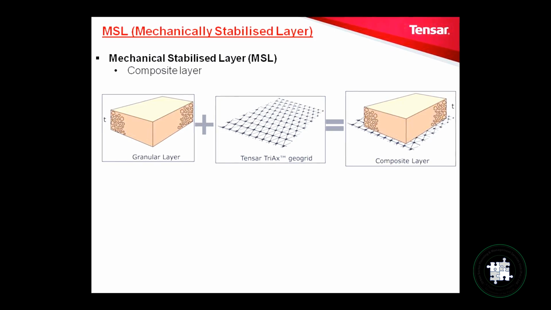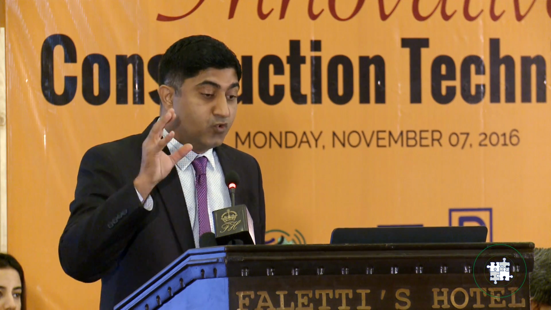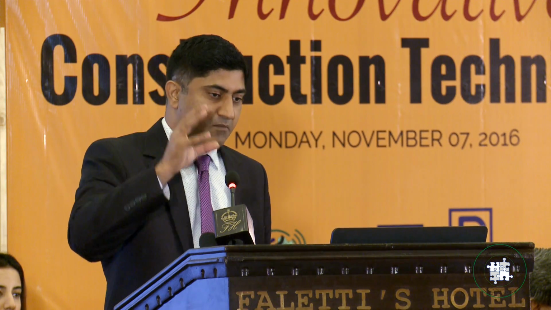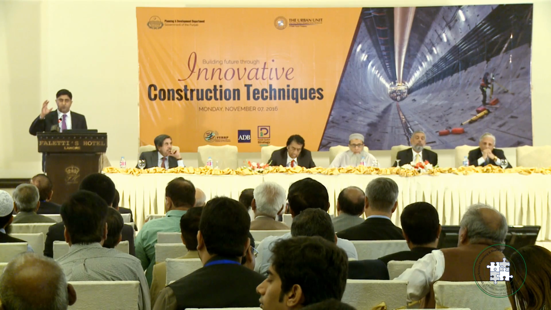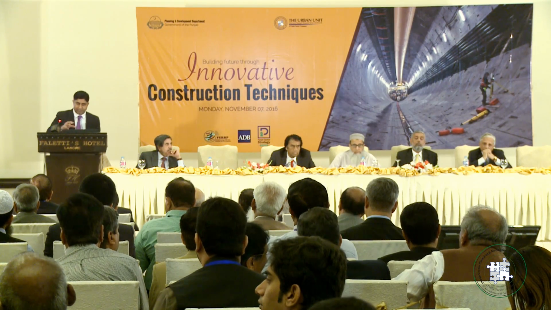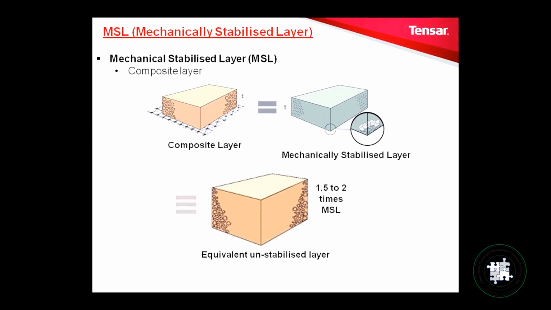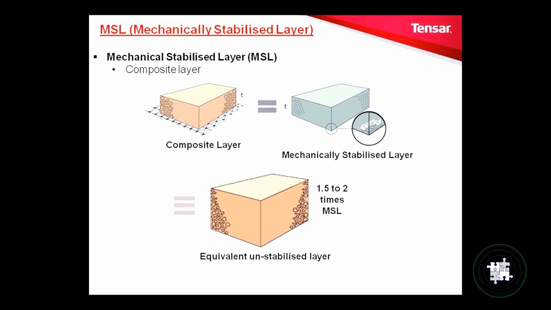So that's MSL: granular layer plus grid gives a composite layer, which we call MSL, and which performs about 1.5 to 2 times better than bigger, thicker, unbound layers. This indicates that we can replace a bigger granular layer with a thinner granular layer.